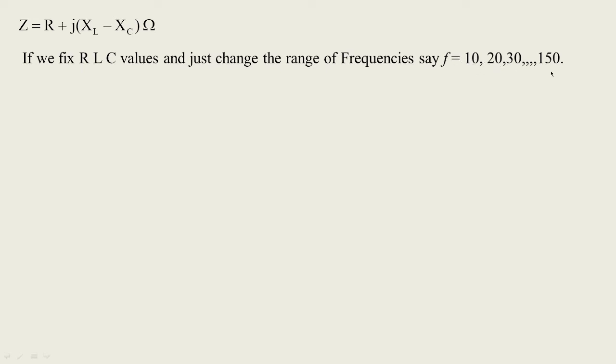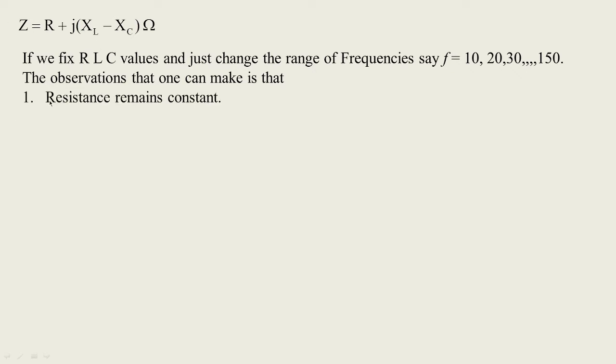The observations that we can make by substituting the values of f in the impedance equation: the resistance is going to remain unchanged with the change in frequency. This is one observation. Another observation, inductive reactance will be directly proportional to the change in frequency.